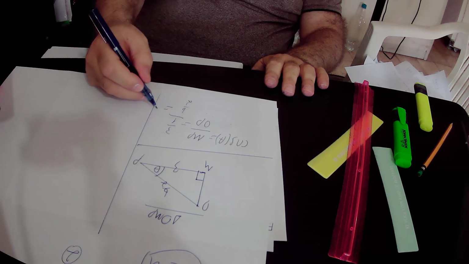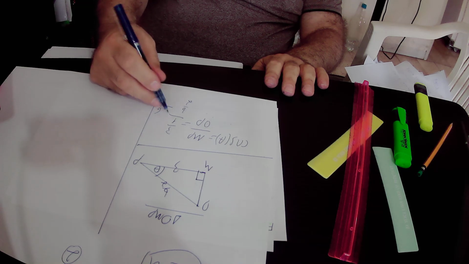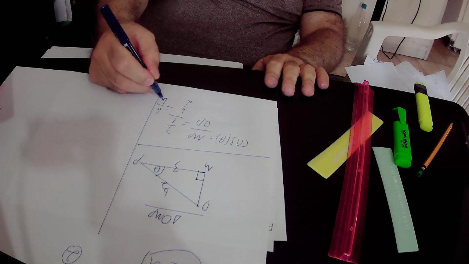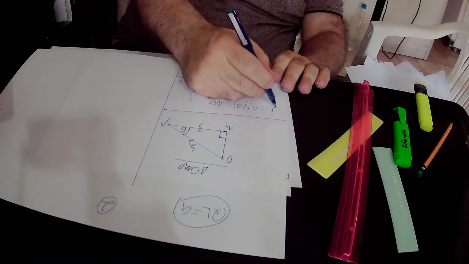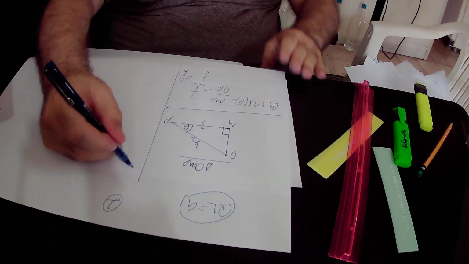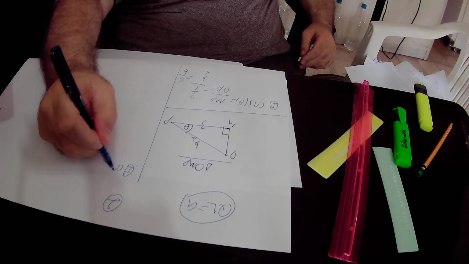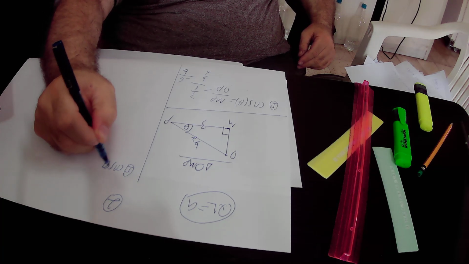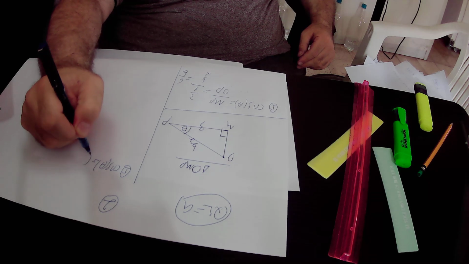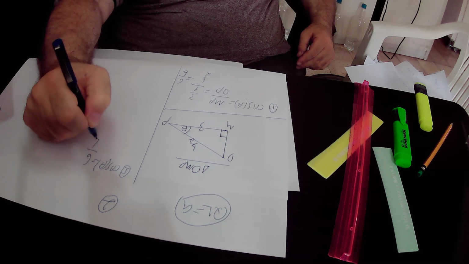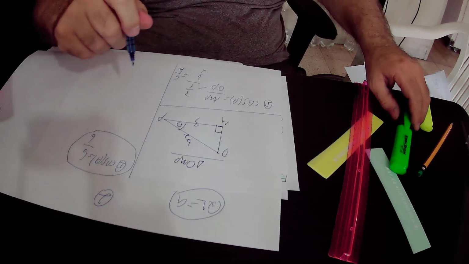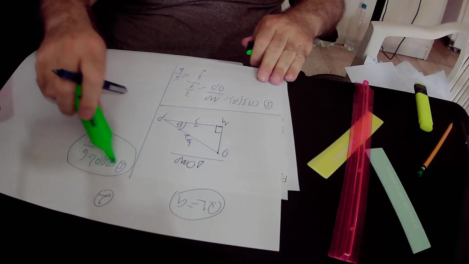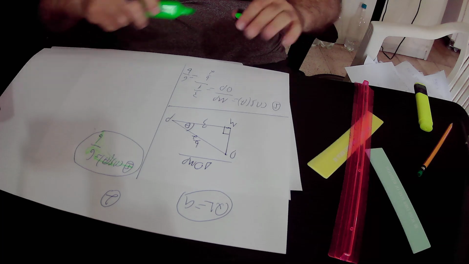Here 2 times 3 is 6 over B, with B in the denominator. So in conclusion, according to equation number 1, cosine theta equals 6 over B.